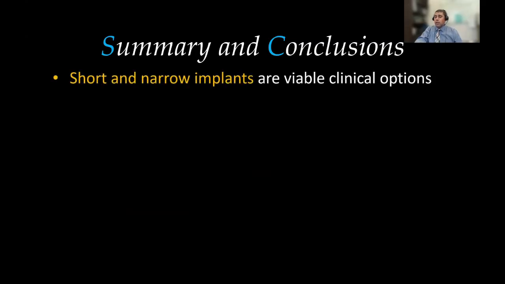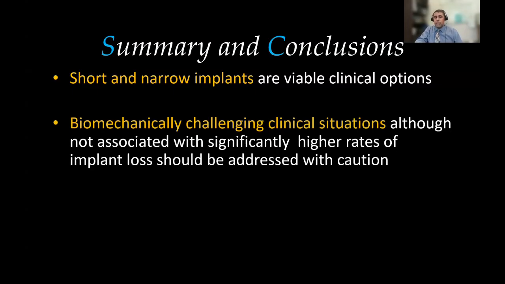Short and narrow implants are very, very viable options that can be utilized with success if it's done properly. Narrow implants in the posterior segment preserve more bone and more soft tissue, achieving better aesthetic outcomes. Short implants avoid vital structures, but definitely think about the relation between the width and the length of the implant and the number of implants and the prosthesis design, whether you splint or unsplint your dental implants.